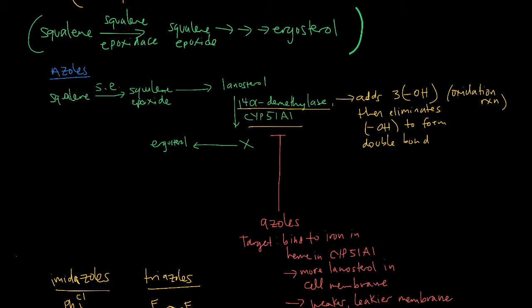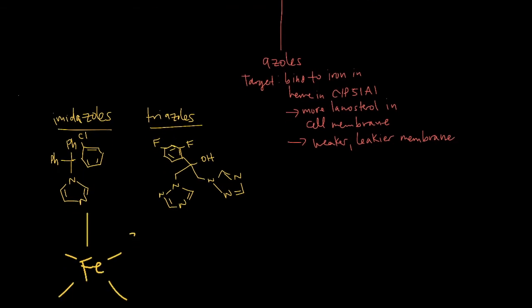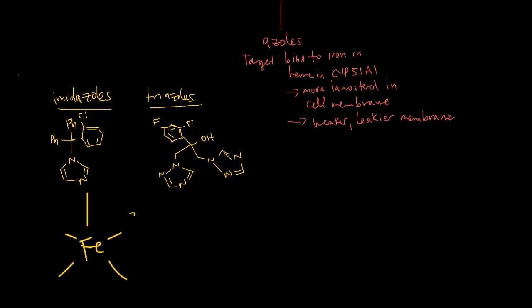So azoles work by binding to the iron in the heme group of CYP51A1. I can draw it for you. For example, this is just an example. This is not part of the actual structure of the imidazole or the drug. So azoles bind to the iron in the heme in CYP51A1. Here is the heme group of CYP51A1, this iron group.